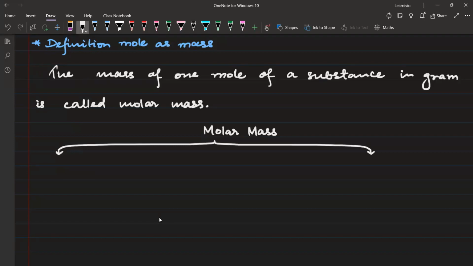एक होता है gram atomic mass. The other is known as gram molecular mass.